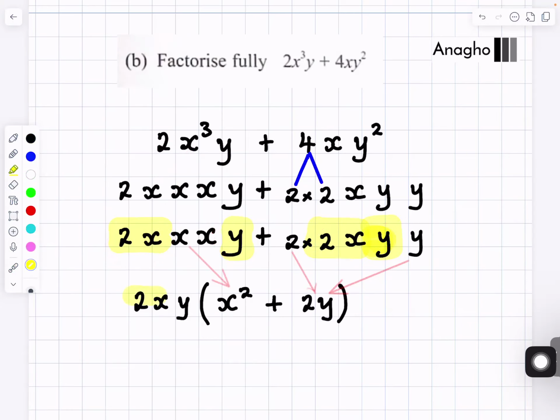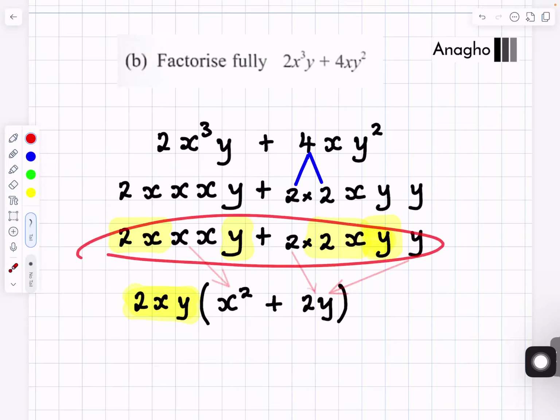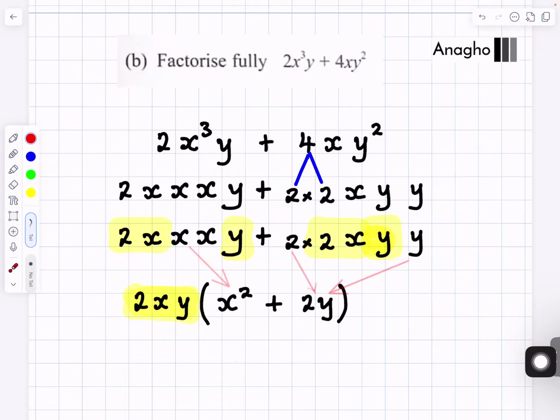What you're left with is the X and the X, which becomes X squared, plus the 2 and the Y becomes 2Y. So that's your answer to factorize. When you factorize, you can write just the first step and then the last step that gives you your mark. You don't have to write the middle one. I just wrote it there for explanation.